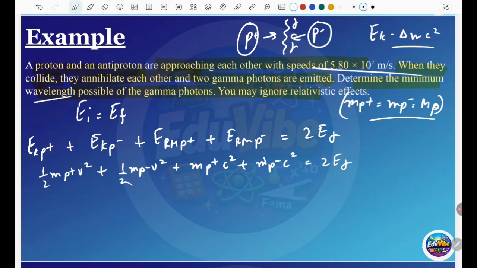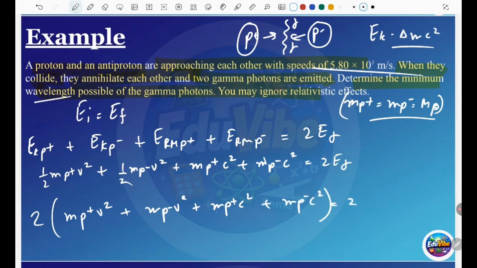You can also multiply this by 2 to make the half cancel out from both. So when we multiply by 2, you get this plus this plus this plus this, and that 2 from this.